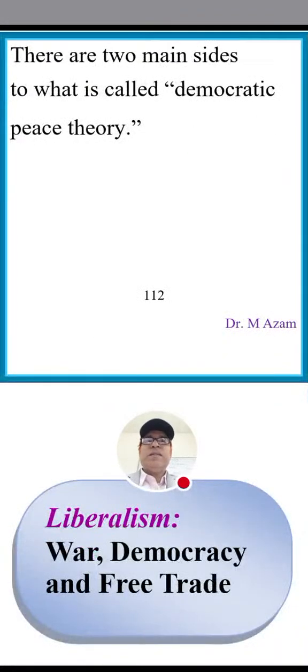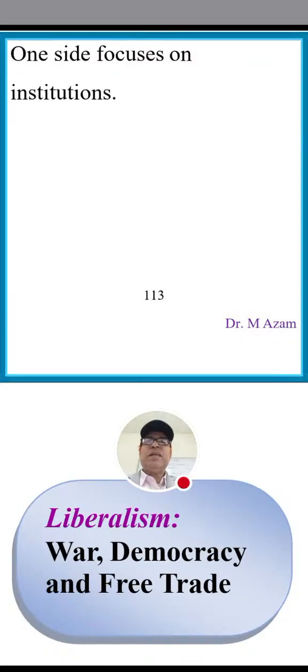There are two main sides to what is called democratic peace theory. Democratic peace theory has two main sides. One side focuses on institutions, democratic institutions, parliaments, political parties, human rights, human dignity, mutual respect.